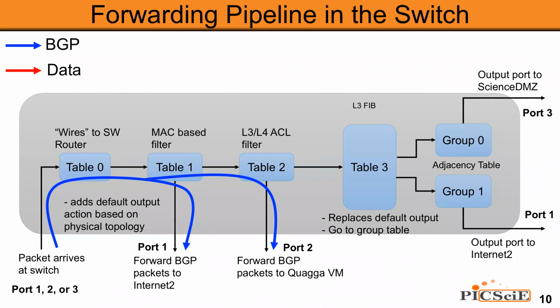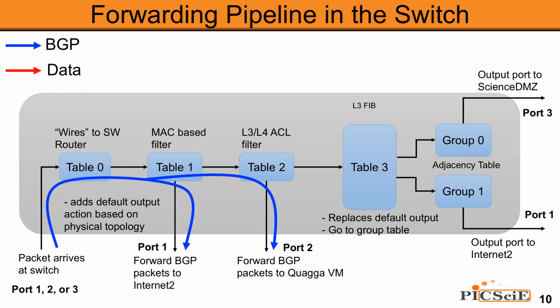When the BGP traffic comes in, tables 1 and 2 will have some MAC-based and L3, L4, ACL-based filters, and then it identifies that this is BGP traffic. Based on where the traffic came in, it'll forward that BGP traffic either to Internet2 or to the VM, which is running Quagga.